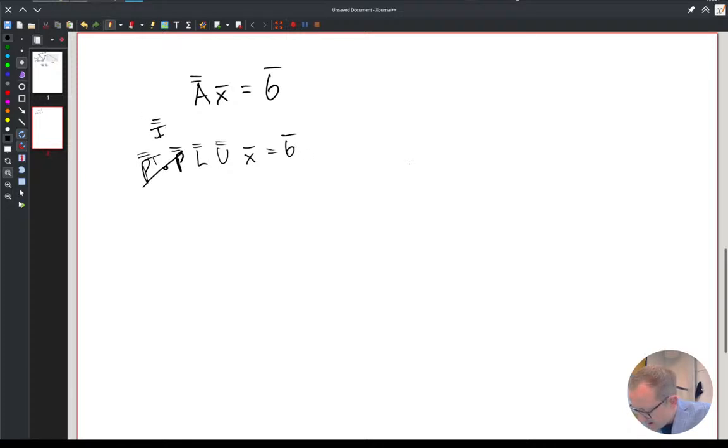And then this side is now P transpose times that B. It's just taking the values in that right-hand side and rearranging them to match the new LU solution.